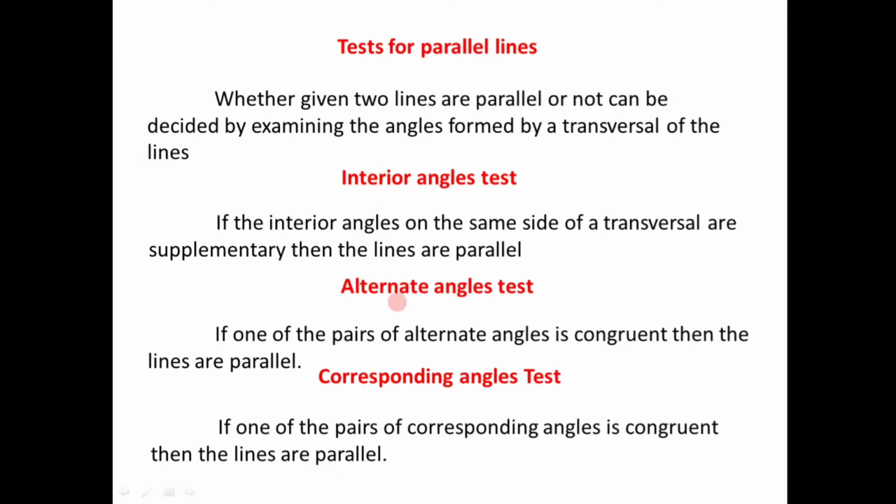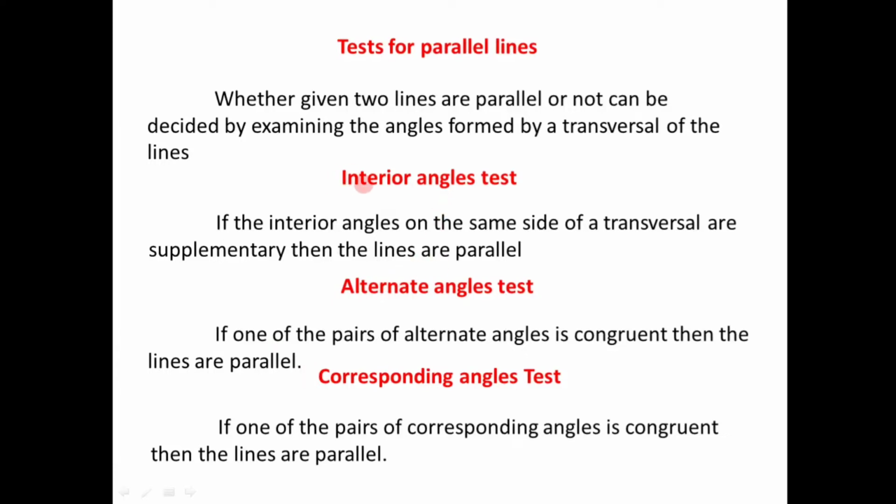So if we observe these three tests, for the alternate angles test and corresponding angles test, those angles must be congruent for the given lines to be parallel. And for the interior angles test, the interior angles on the same side must be supplementary if those two lines are to be parallel. So this is the difference between the interior angles test and the remaining two tests.